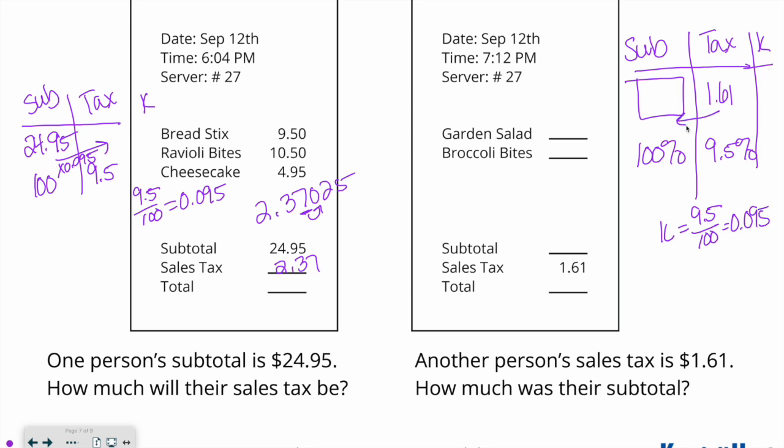But now I'm working backwards, so we're going to do $1.61 divided by 0.095, and we end up with 16.94736842. And we need to round for money, 2 decimal places. I need to look over here. That's a 7, which means I need to round to $16.95.